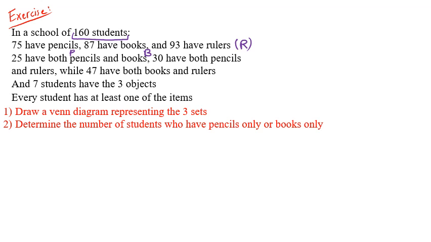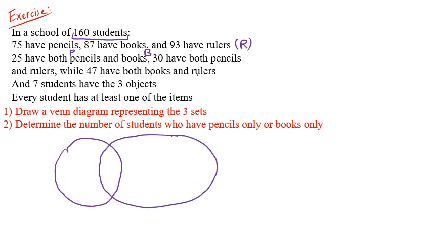And he gives us the intersection between P and B, the intersection between pencils and rulers, and 47 have both B and R. And we have 7 students who have the 3 objects together. So we should draw here the 3 sets. Here the first one, here is the second one, and here we have the third one.